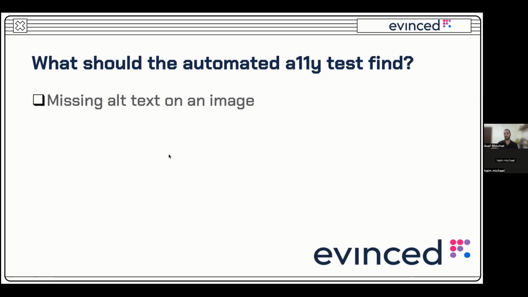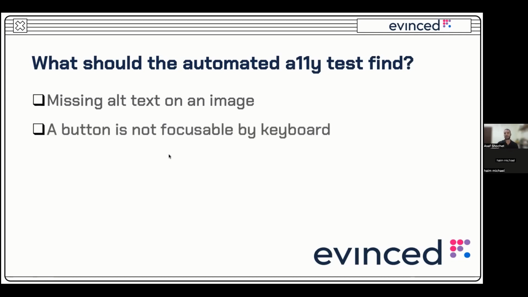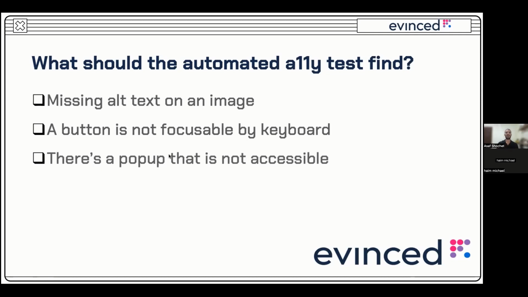Maybe it's very important. Or, like we said before, that the button is not focusable by keyboard. Or that there is a pop-up, but the pop-up is not accessible. For example, I cannot close the pop-up using the keyboard, because I cannot close it with the escape key, and I cannot close it using a small X icon, because the X icon is not accessible by keyboard.